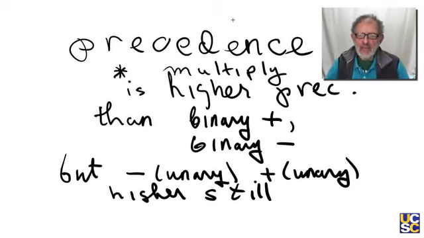Precedence. Well, we have something like 16 levels of precedence in C operators. Things that are very low precedence, for example, tend to happen later or last. So assignment itself as an operator has very low precedence.